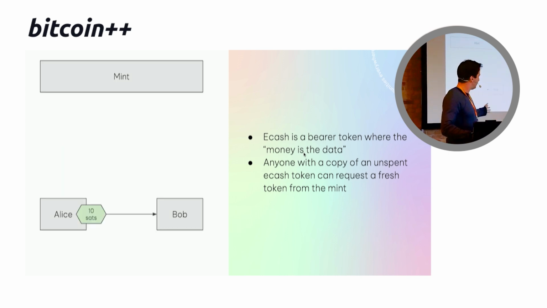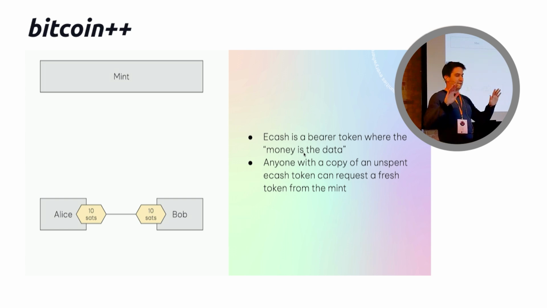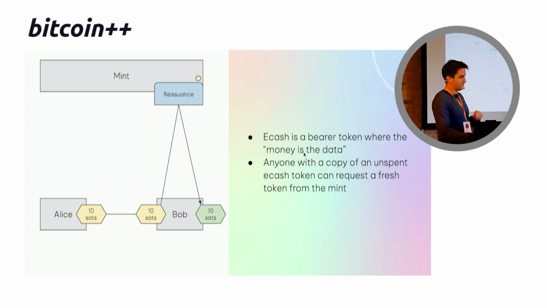So I put together a little diagram here. Alice has a 10-sat ecash note. When she wants to send it to Bob, she copies it. So she transmits it by whatever means, copy pasting, animated QR. And now I put these in yellow because it's in a kind of race condition mode, where whoever goes up to the mint to refresh first gets the fresh ecash notes.